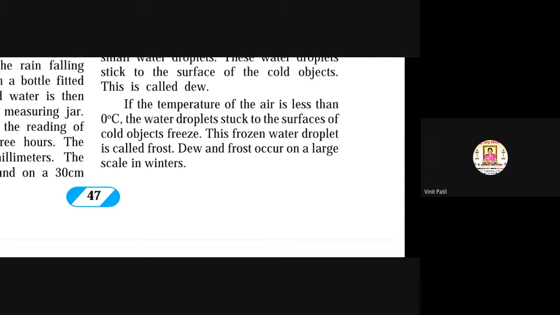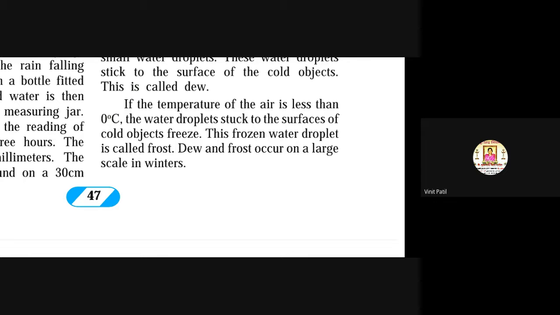But when the temperature of the air is very low, less than 0 degrees Celsius, it means below the freezing point of the water, then whatever dew is present on the cold object, it gets freezed. म्हणजेच ते एक प्रकारे त्यांचं सॉलिडिफिकेशन होतं आणि ते शिजून जातं. We can say, okay, it gets freeze.